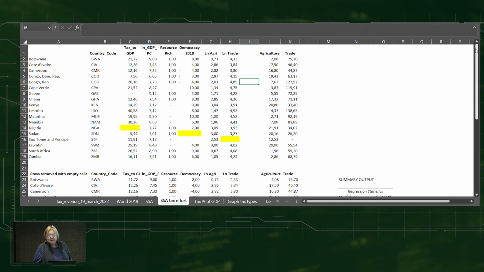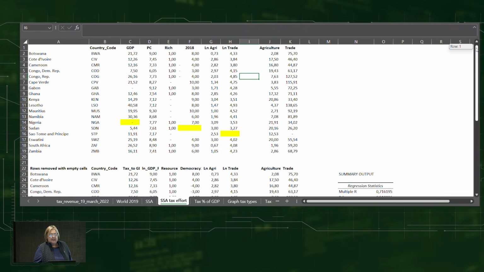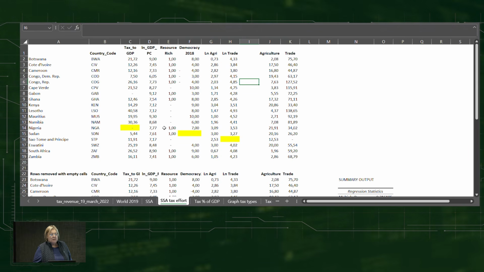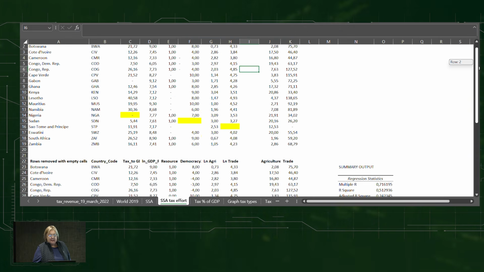because they use the log values for the independent variables so that you can do the regression analysis. But unfortunately, if you don't have data, you can't use the regression analysis. So I've pinpointed here where there are no values. Somebody has said to me, but you can use an average, or you can see what value will fit best if you want to include these countries in your regression analysis.